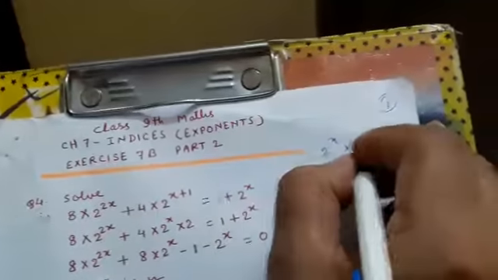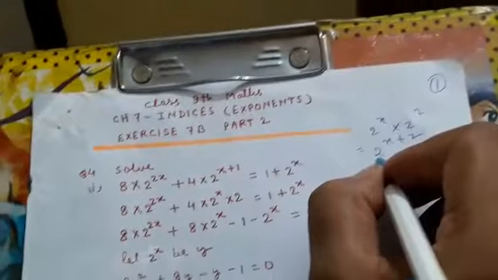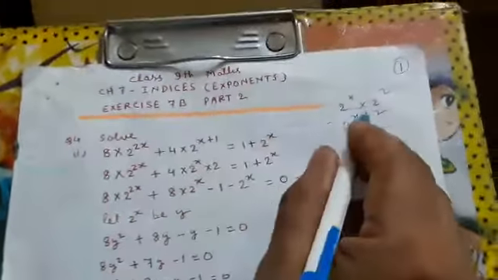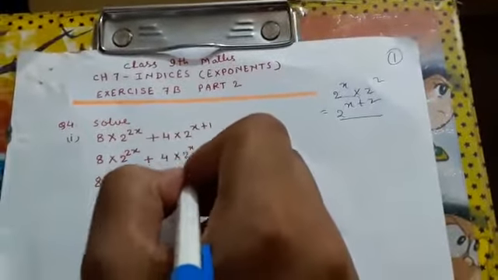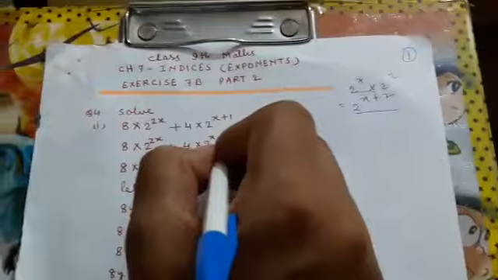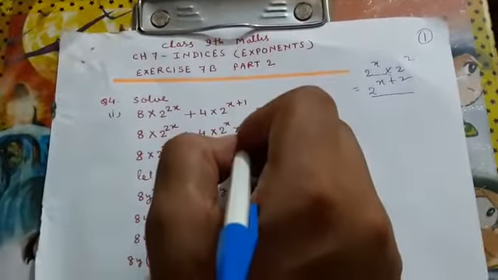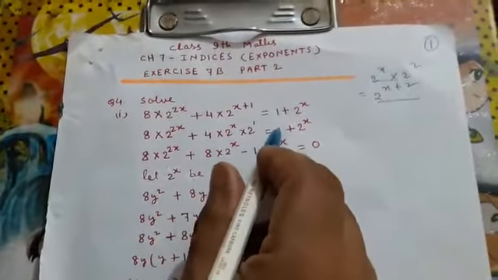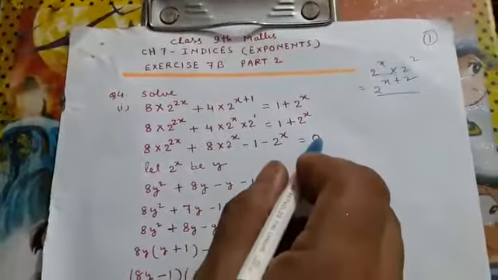The 2 bases are the same, so their powers will be added, x plus 2. So this is the same as this one. Here it is written x plus 2, meaning 2 power x and 2 power 2. So we can write 2 power x into 2 power 1. Now 8 into 2 power 2x plus 4 into 2 power x into 2, minus this 1 will transpose to the left hand side, minus 1 minus 2 power x is equal to 0.